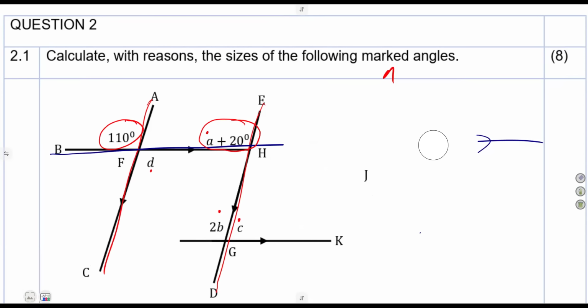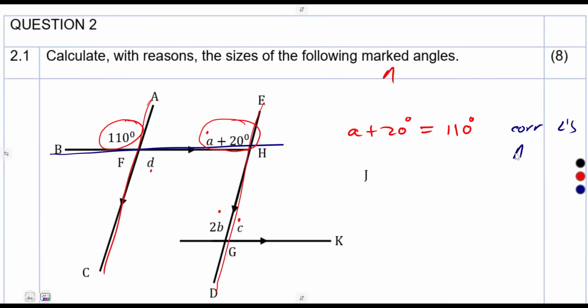So in that case, you are going to consider that A plus 20 is equal to 110 degrees. So the reason is that we have got corresponding angles in that case, all right? Corresponding angles as the line AC is parallel to ED, like that, okay?